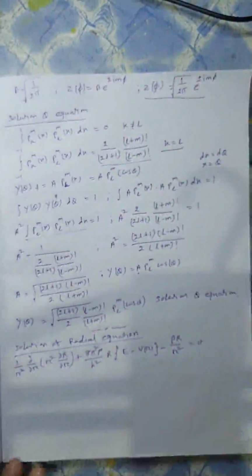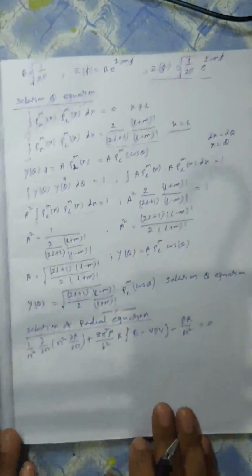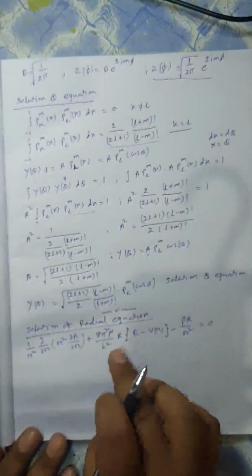This is called the radial equation we derived, and we have to find the solution of this equation.